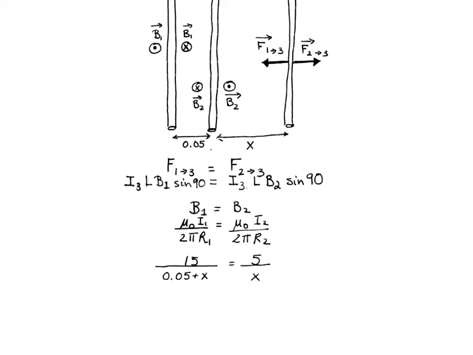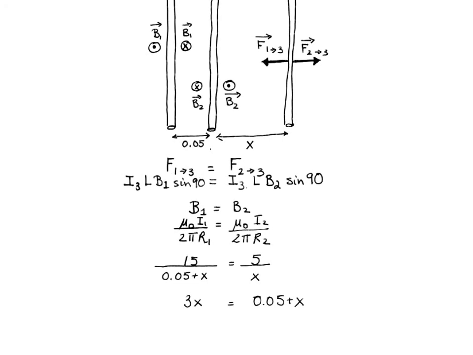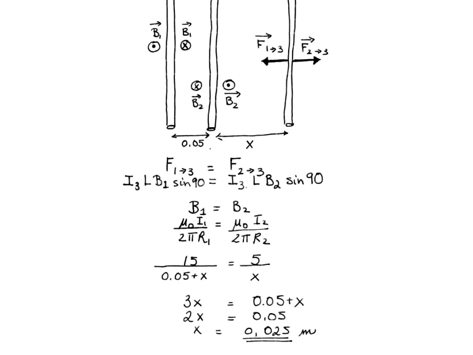We now have one equation with one unknown, which we can solve. If we divide both sides by 5, we get 3 times x is equal to 0.05 plus x. We can solve for x and get 2.5 centimeters. So wire 3 is 2.5 centimeters to the right of wire 2.